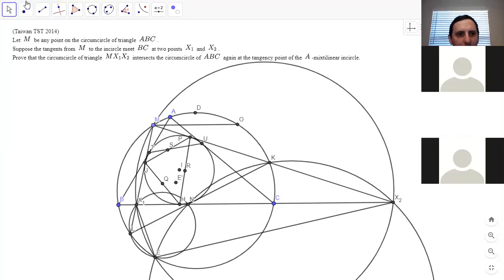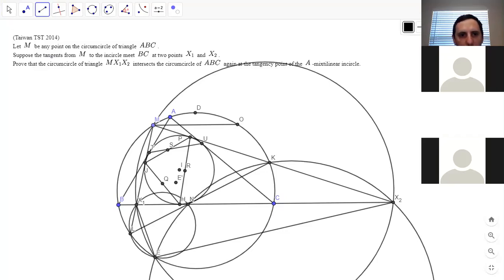But yeah, that's so weird that E, N, and O are collinear. It's just random. So angle ENX1 is 180 minus X1LE, which is angle MOE.